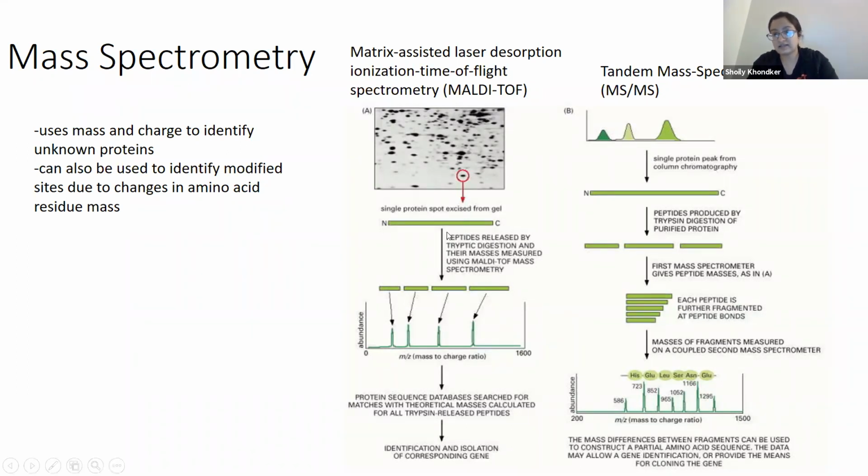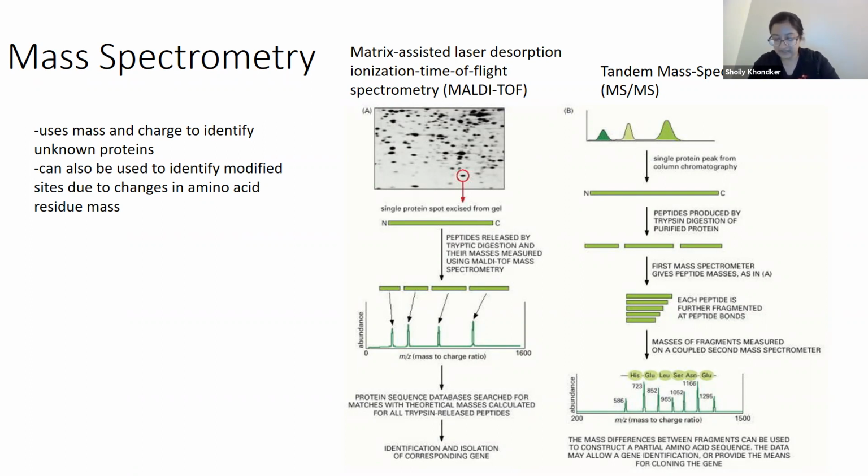And this is done using a technique called tandem mass spectrometry. This uses two mass spectrometers to determine the amino acid sequence of individual peptides. Here a single protein peak is taken from column chromatography, and then high energy gas atoms are used to fragment the peptides even further.